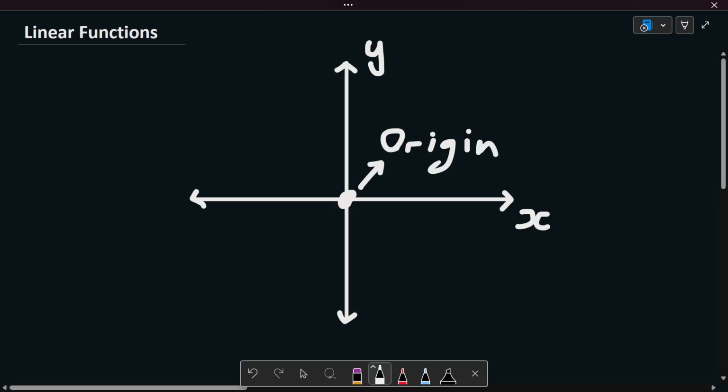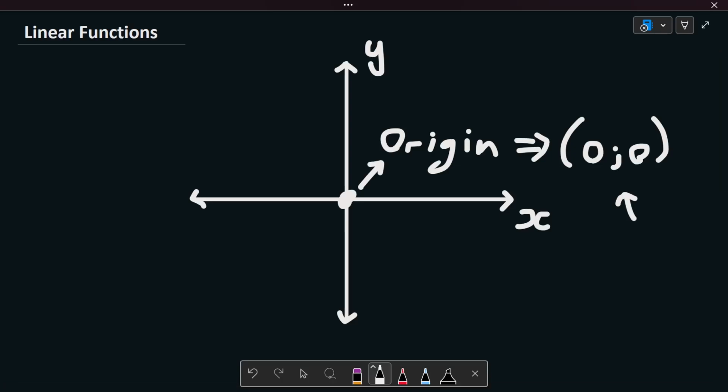Or you can call it the origin point. The origin consists of a coordinate. It's the exact center of the Cartesian plane. The coordinates we write for the origin are (0, 0). A coordinate consists of two variables, an x-coordinate and a y-coordinate.